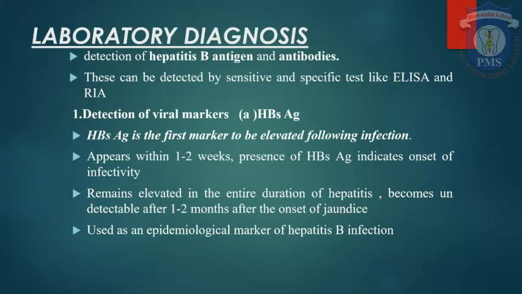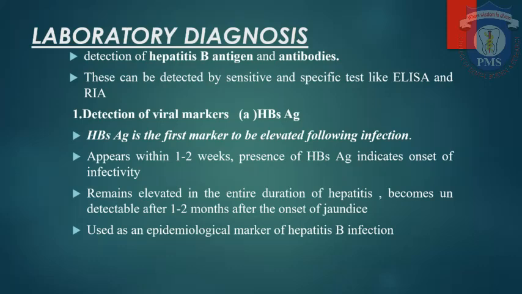So in the laboratory diagnosis, we are giving more emphasis to the detection of viral markers. This is very important in the laboratory diagnosis of hepatitis B infection. So moving on to the detection of viral markers, the first marker is hepatitis B surface antigen.